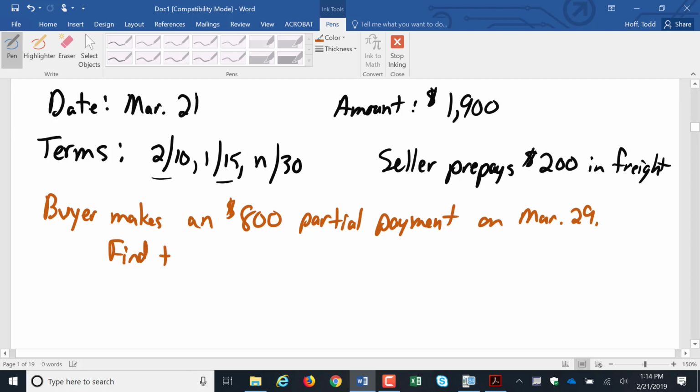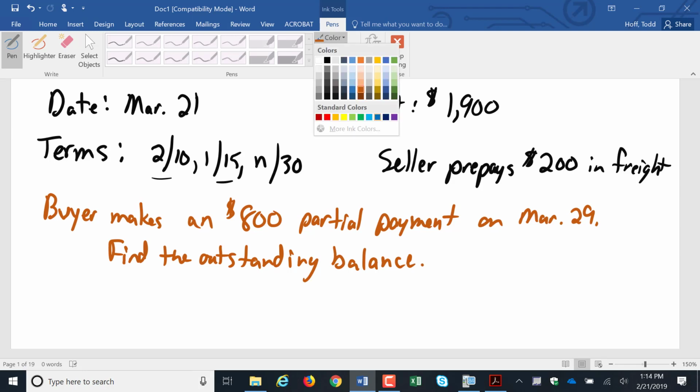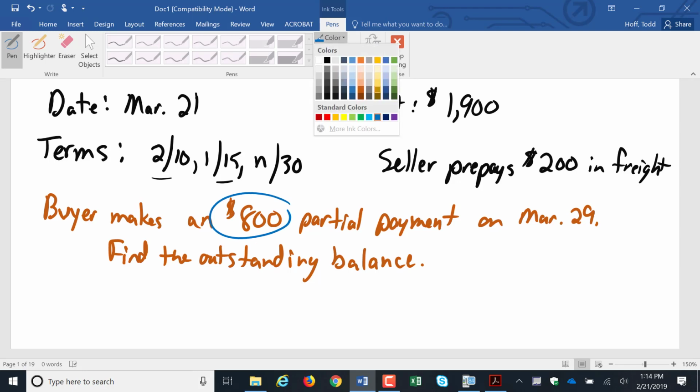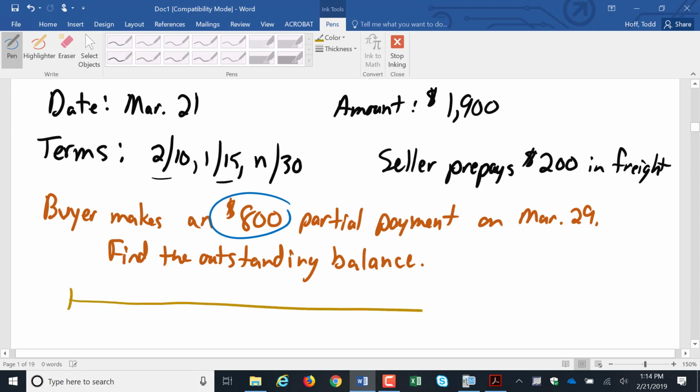Find that outstanding balance. So we have the $800 payment. Now we need to find what the discount is. Our timeline is a little bit different here on this one.